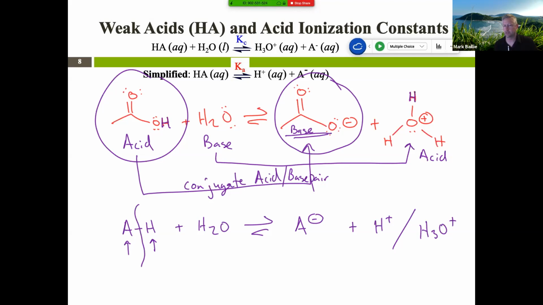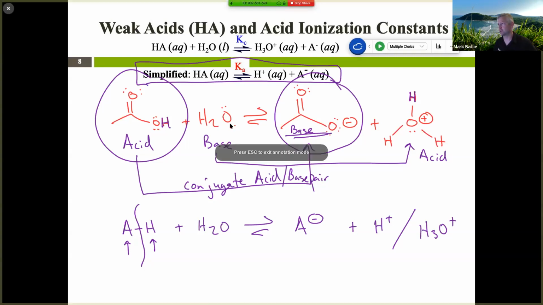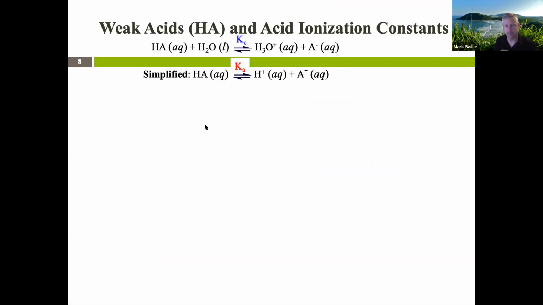Do you have any questions on an acid-base reaction and how the simplified form at the top represents that reaction? Crickets? Okay. It's hard when I can't see everyone's faces.